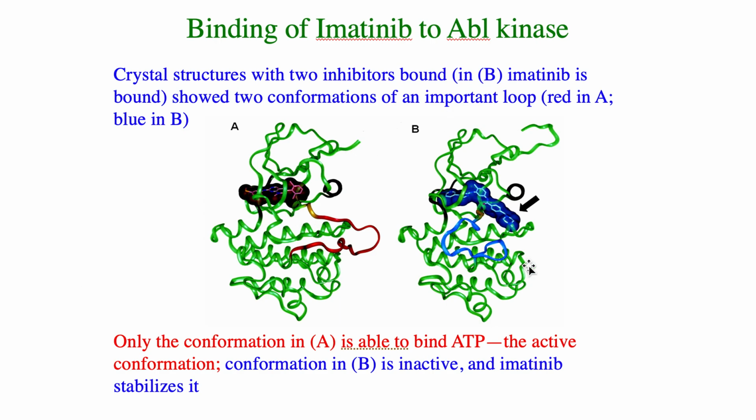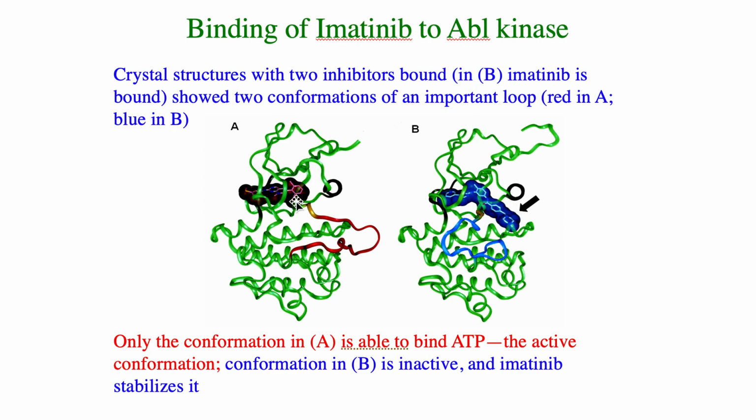So they've also crystallized it, and they've shown where things bind. This is the conformation of the mutant kinase. And what happens is that the mutant kinase binds Imatinib, and when this happens, it's stabilized so that it can't bind ATP.